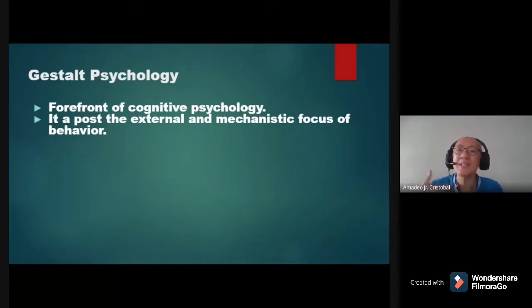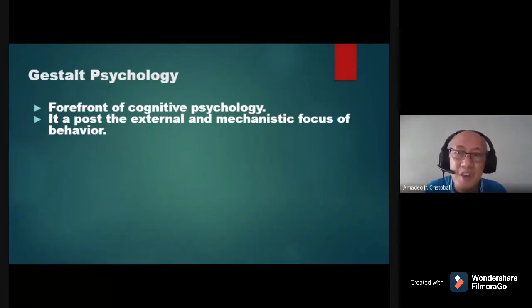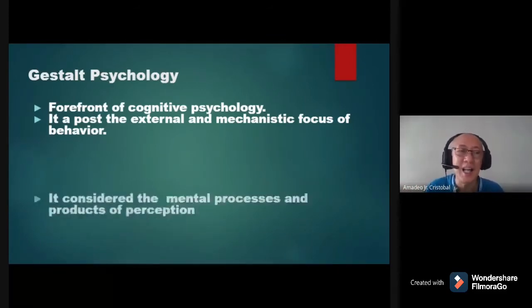It is always expressed, it is concrete, and it is something like behavioral objectives. So when we do behavioral objectives, these are behaviors that are clearly seen from our students when we tackle a lesson. We call it behavioral objectives. It is in the same manner that Gestalt psychology focused on the behavior of an individual that is obvious, that is external.